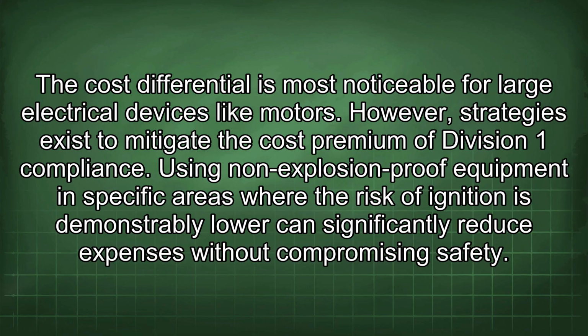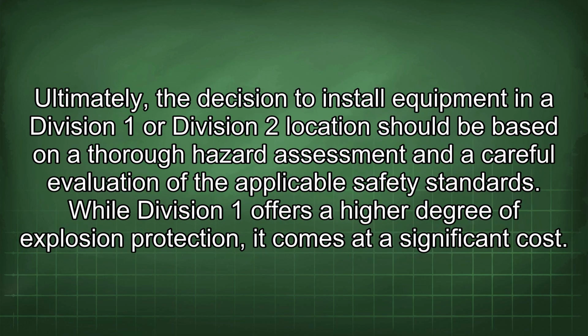However, strategies exist to mitigate the cost premium of Division 1 compliance. Using non-explosion-proof equipment in specific areas where the risk of ignition is demonstrably low can significantly reduce expenses without compromising safety. Ultimately, the decision to install equipment in a Division 1 or Division 2 location should be based on a thorough hazard assessment and a careful evaluation of the applicable safety standards.